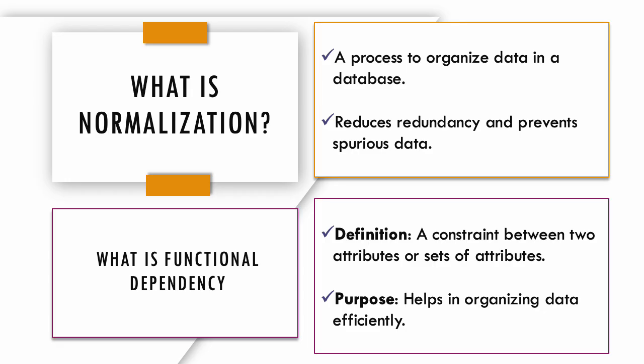In this part, we will look into two definitions. The first one is normalization, and the second one is the functional dependency. First we go into the definition of normalization.